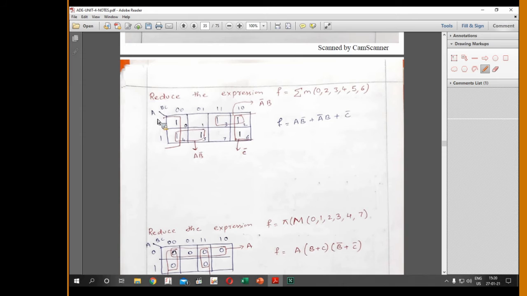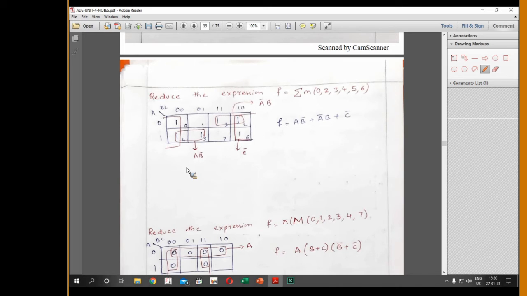Now we are checking the adjacency. Always check for the big square formation. A big square which contains 3 variables is an octet, a group of 8 minterms. Next priority is given to 4 minterm adjacency, which can form a quad. Next priority is to check for the possibility of forming a pair.